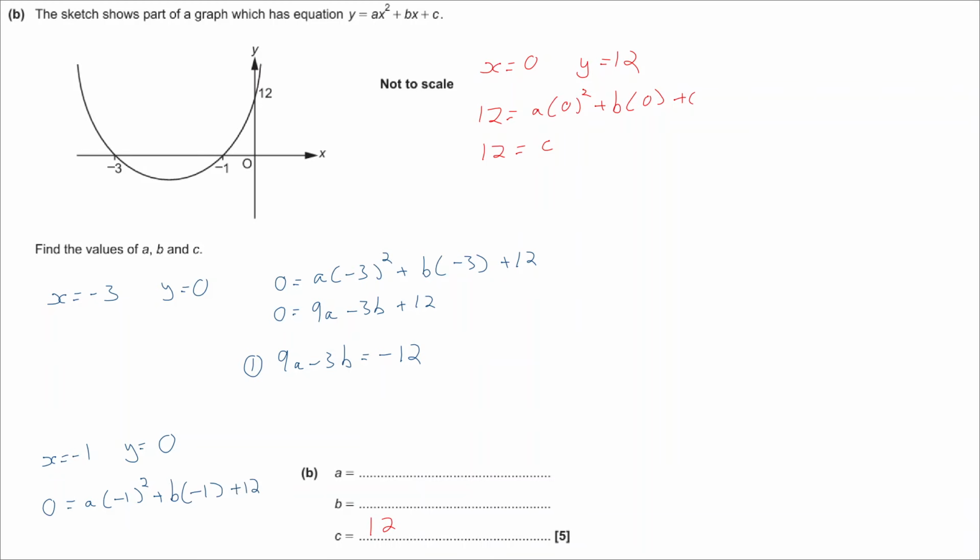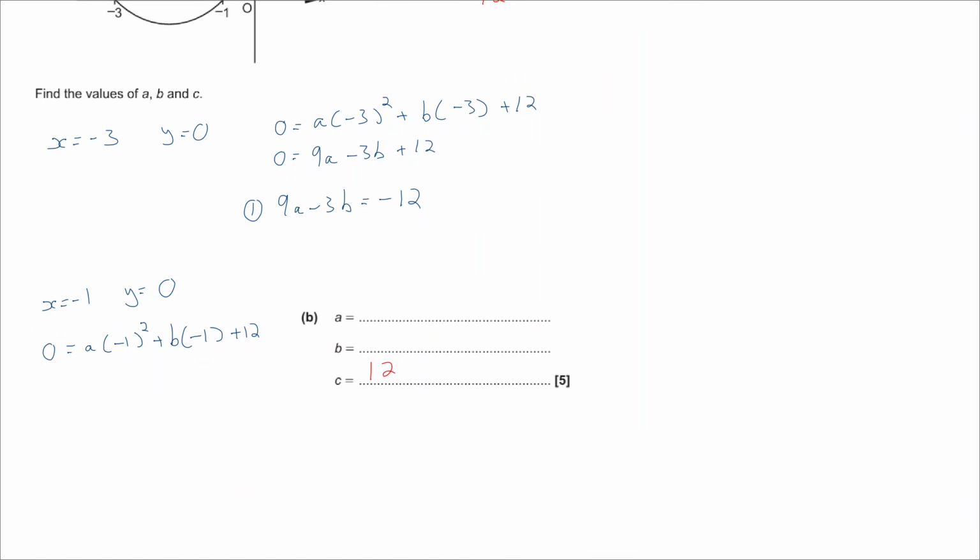So it's going to be 0 equals negative 1 squared is 1, so 1a minus b plus 12. Again, put the 12 on the other side, so it's going to be a take away b equals minus 12. And this now is going to be equation 2.